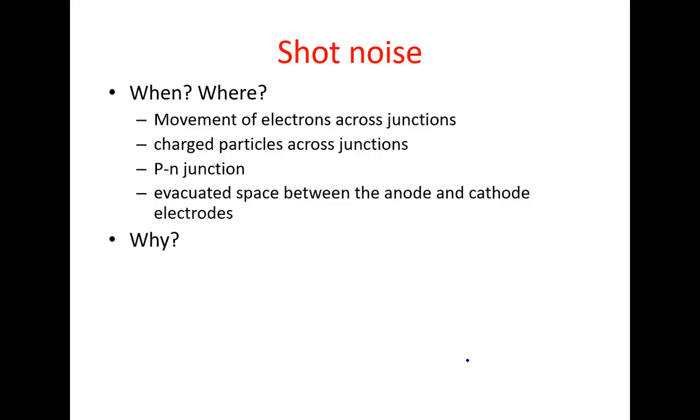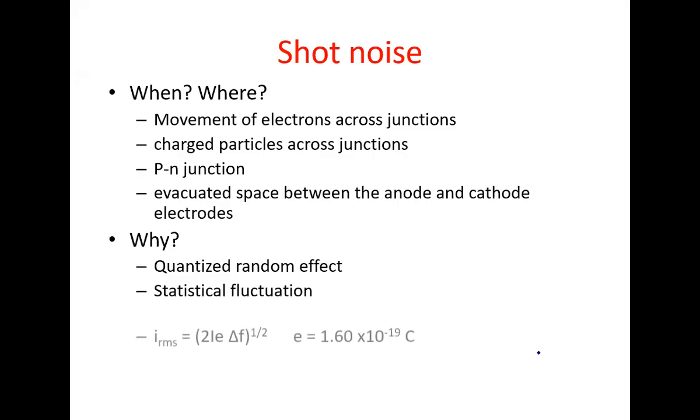If you have an evacuated space between the anode and cathode, those particles can jump from one end to the other, but there is going to be some noise due to that. And so why does it occur? This is a random quantized effect of the particles, the electrons, because of the statistical fluctuation of the electrons.